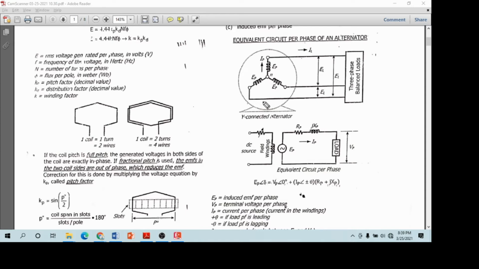As a representation, as it rotates, magnetic flux will pass here and this coil induces an EMF, as well as this one and this other one. The generated EMF is delivered to the terminal of the alternator.